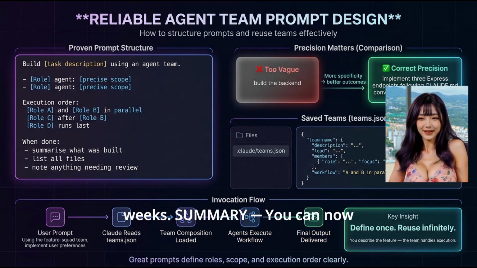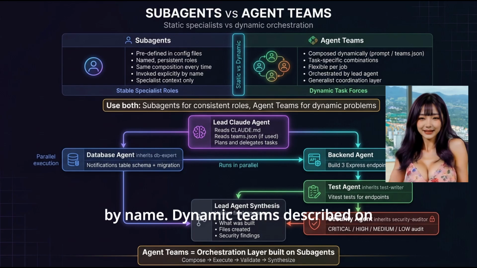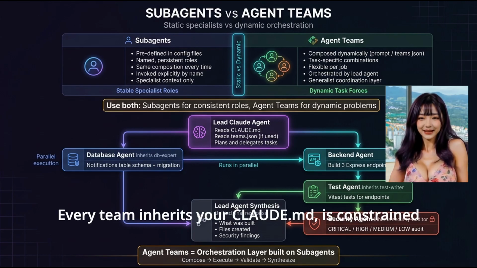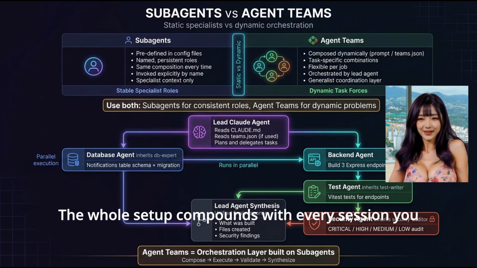Summary. You can now compose specialist AI teams from a single prompt. Static teams saved in teams.json referenced by name. Dynamic teams described on the fly. Every team inherits your CLAUDE.md, is constrained by your hooks, can reach your MCP connections, and can invoke your skills. The whole setup compounds with every session you use it.